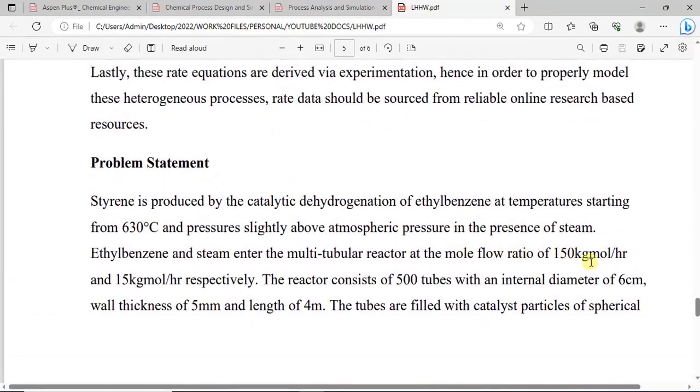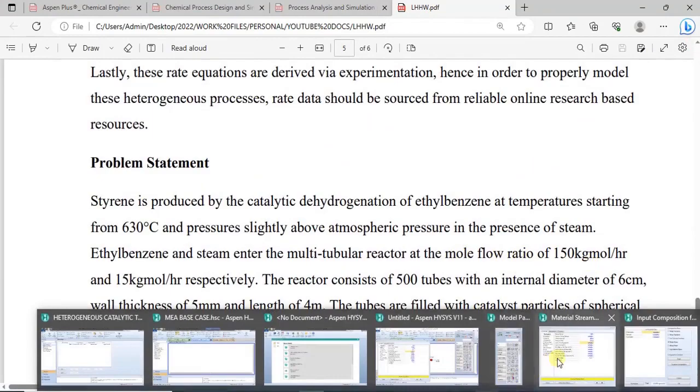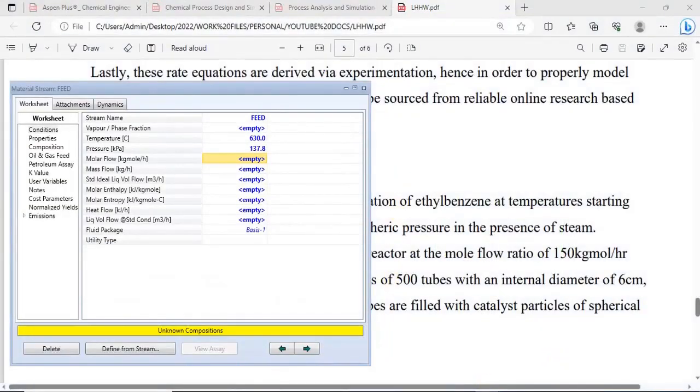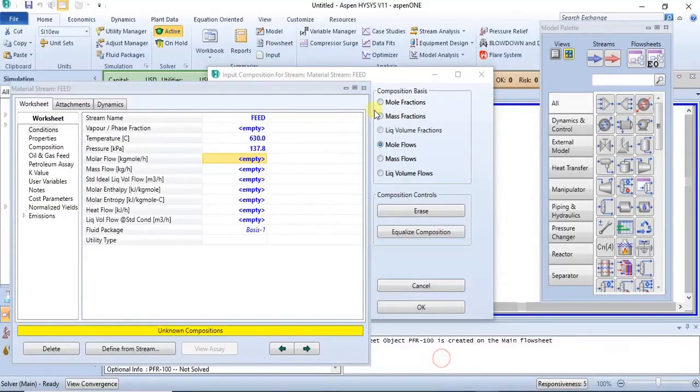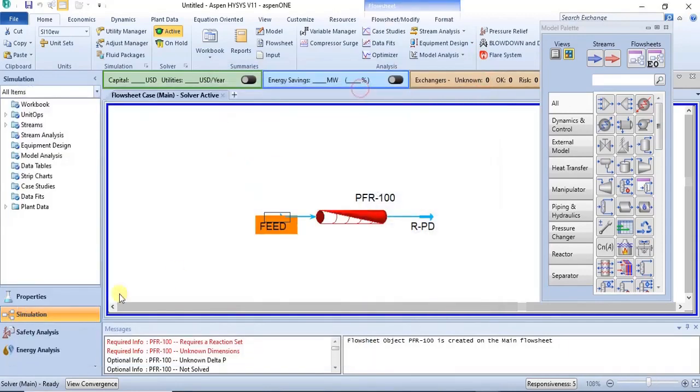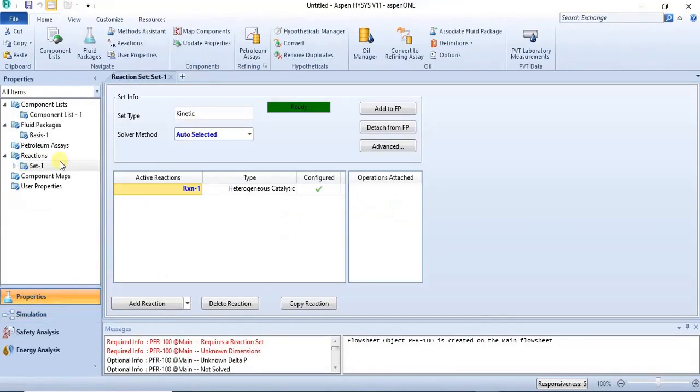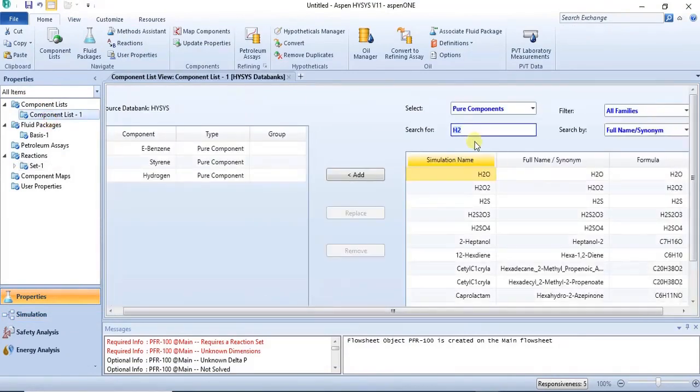The mole flow is ethyl benzene and steam. So we need to add water to this process. Let's just add water. We need water in this process. Close this. So I will just add water to the process quickly. Yeah, H2O.